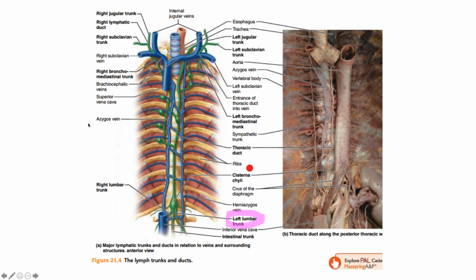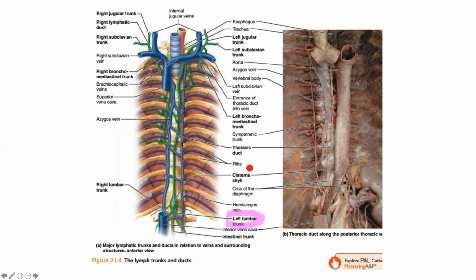This is the azygous vein. What do you mean by azygous? Azygous is a Greek word, which means single or individual. So you can see the azygous vein, which is running on the right side of the vertebral column.